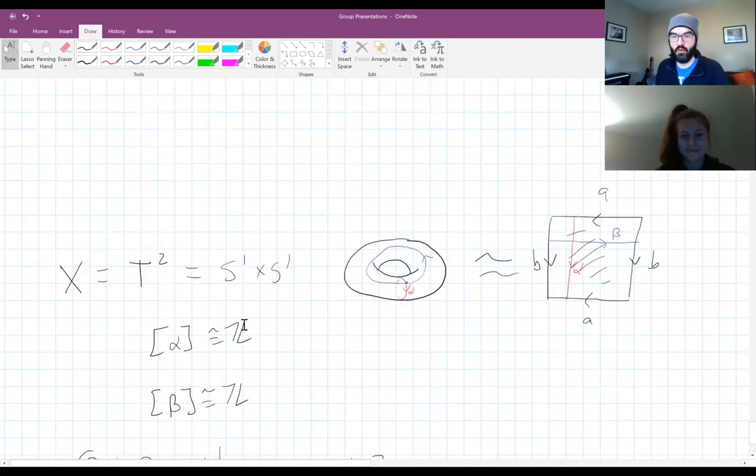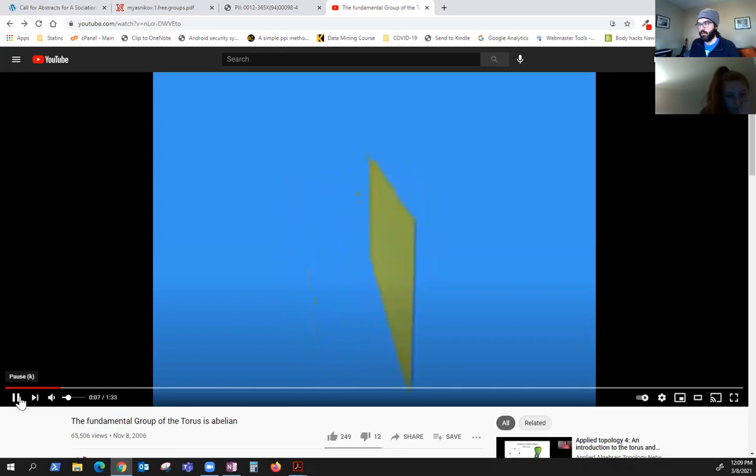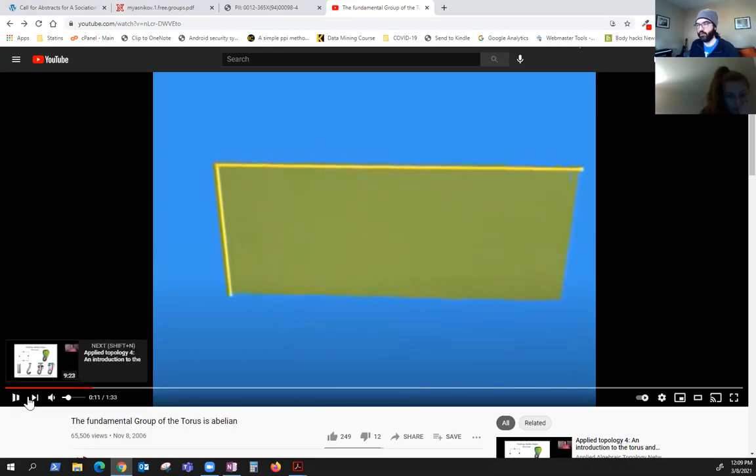I want to show you a video real quick. Can you see this? All right, so this is a square, or a rectangle, that'll get folded down to form the torus. I wish they'd colored them differently, but they didn't.